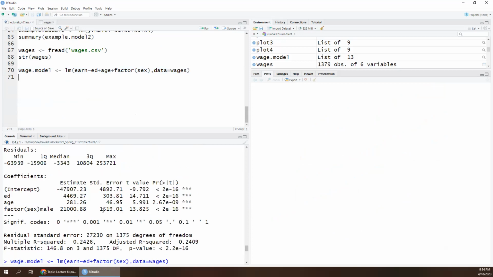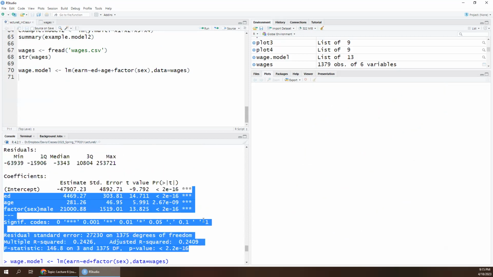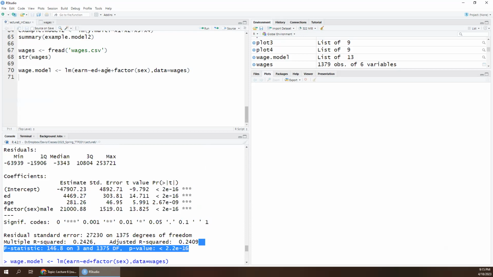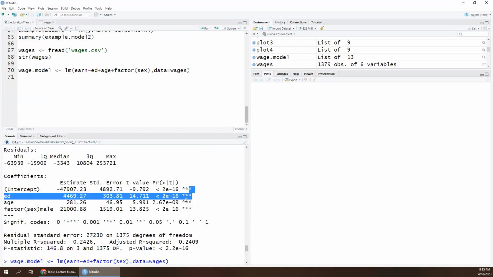This is the regression here when I put age back into it. I can look at things like significance levels. I can look at the R-squared to do some general model diagnostics.